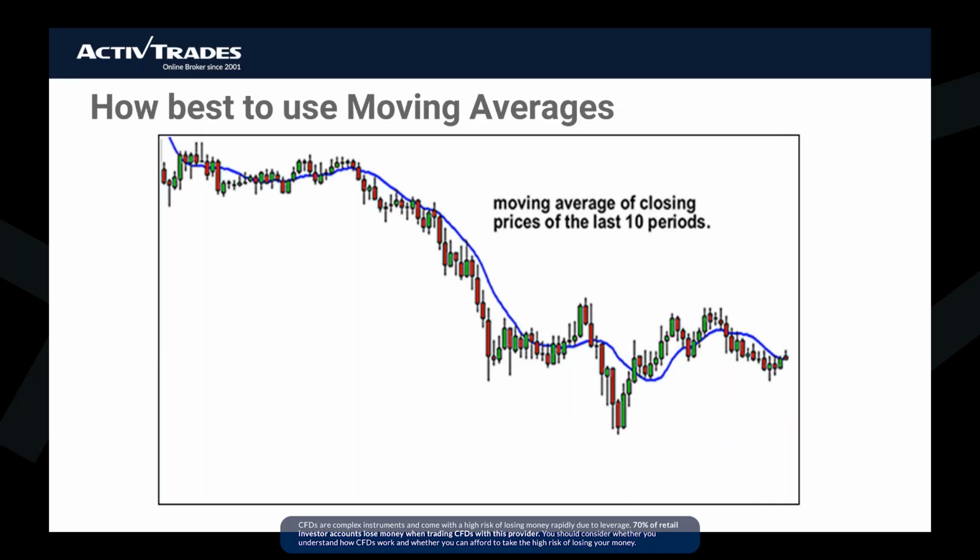In this case, it's a 10, or it could be 20, 50, 200, 600, etc. It literally is just printing a moving average of the closing prices of the last denominated period. So it becomes quite a visual tool, especially, as I said, for the start of many traders, when they haven't yet got the experience or the confidence or the knowledge to read price and be able to interpret that.